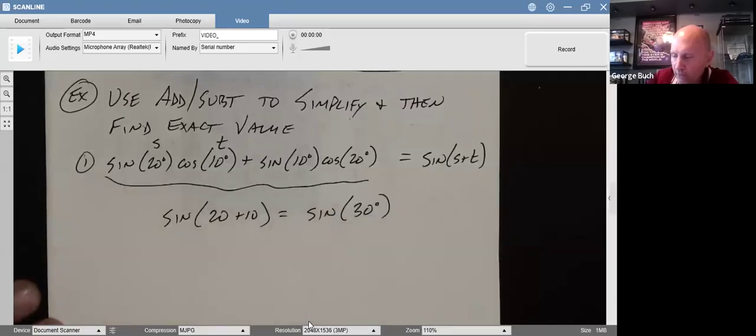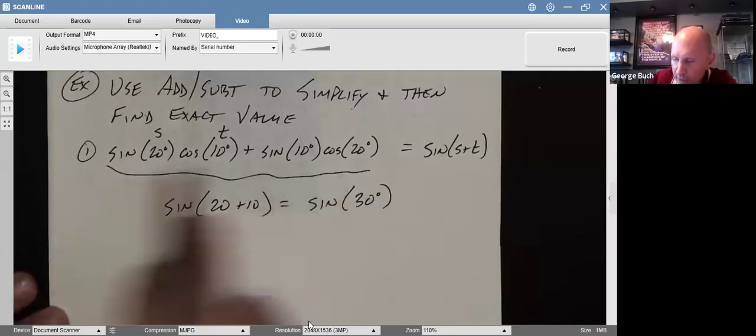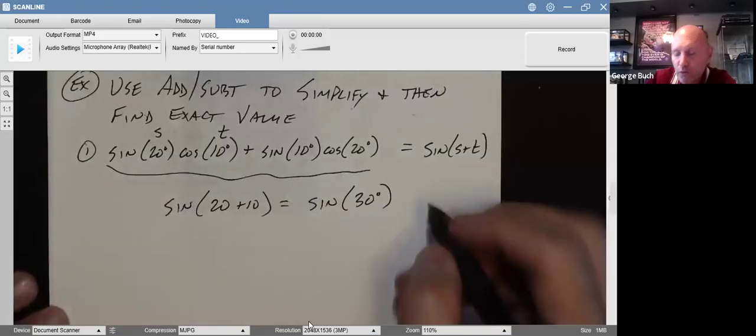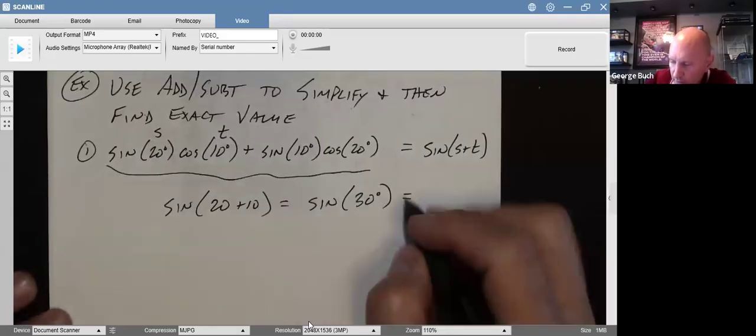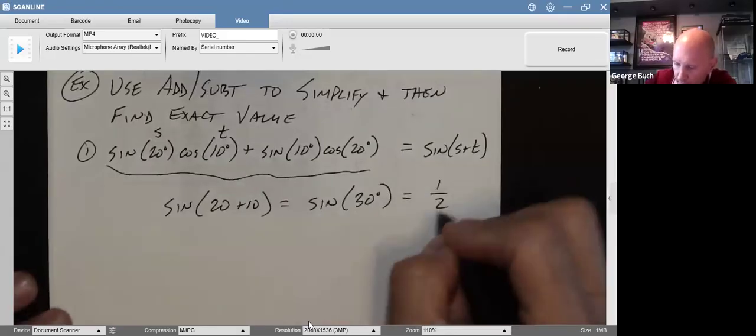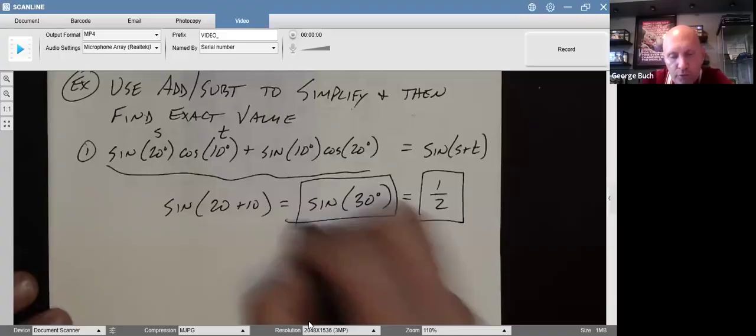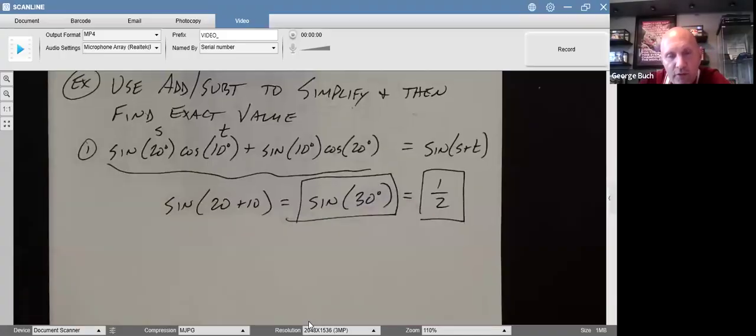So this whole thing simplifies into sine of 30. If I look at my unit circle, what is sine of 30 degrees? It's 1/2. So you would have two answers for this one. It simplifies into sine of 30 degrees, and the exact value is 1/2.